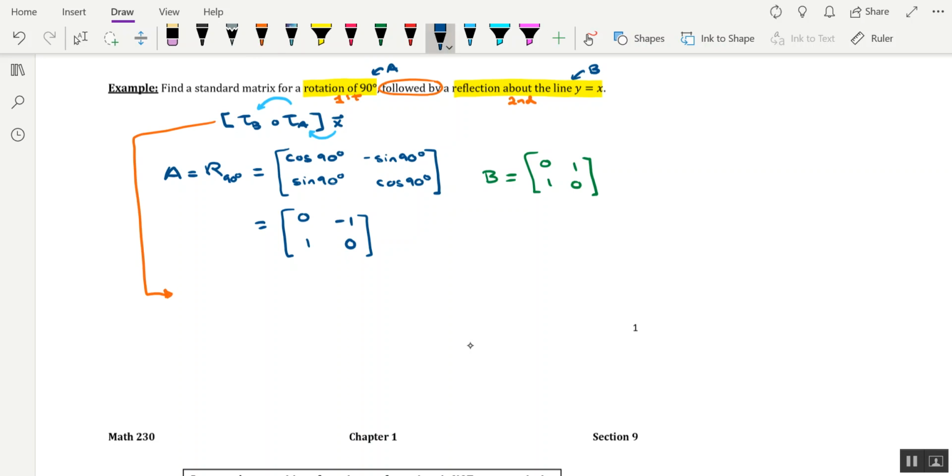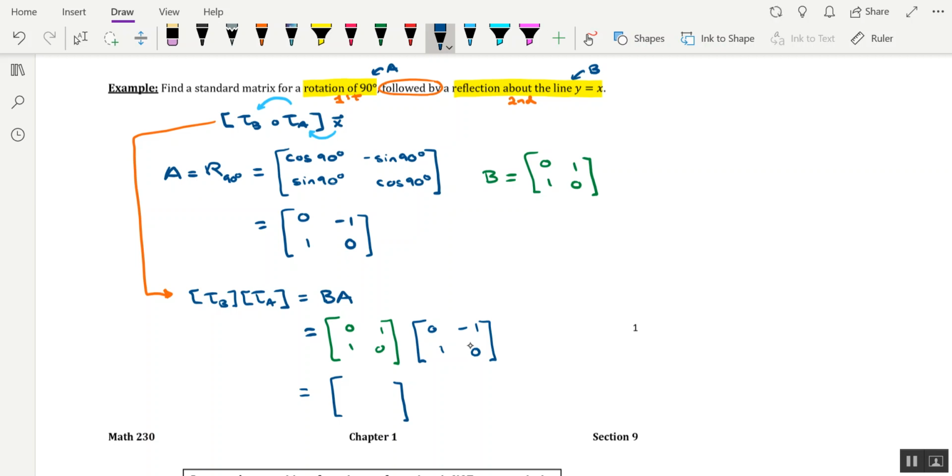Recall that that notation can be rewritten as capital T sub b, circle, T sub a. And in my last video, I said that this really just boils down to the product of the two matrices, and it would be that product B times A. So let's bring in the matrix B, and then our simplified version of the matrix A, and we'll form the product here.